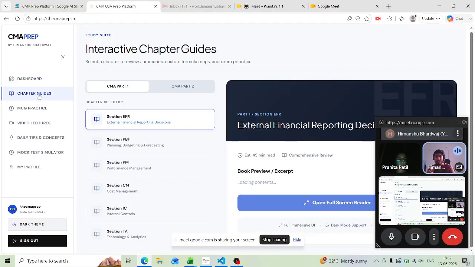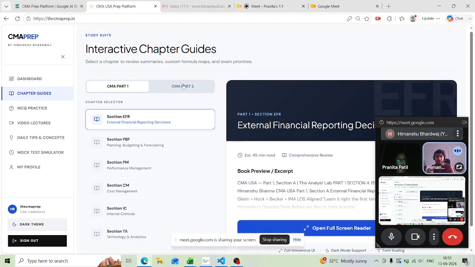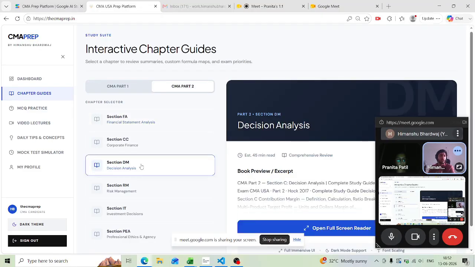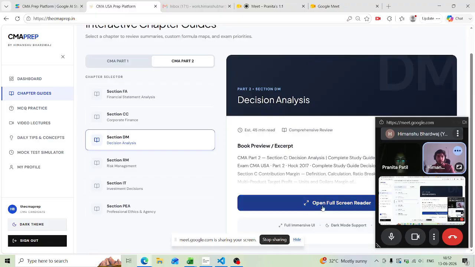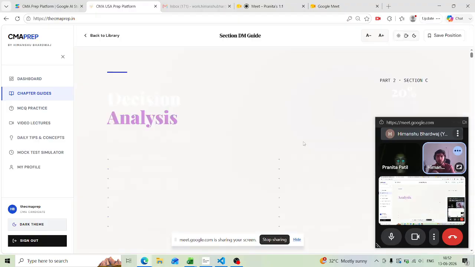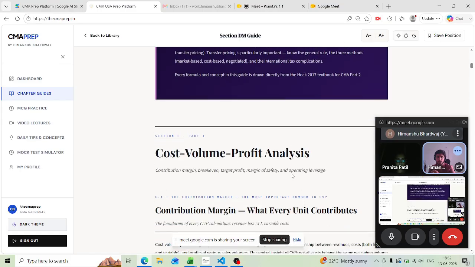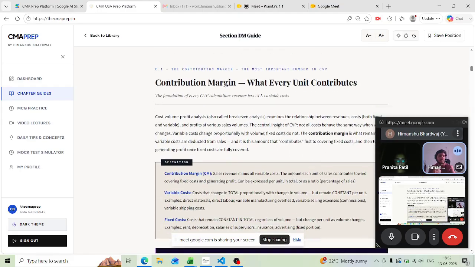Let's say I want to read CMA part 2 decision analysis. It is just an overview as of now. Let's say I want to read this particular section, and you'll have everything. It's kind of a short note. It's not an alternative for your books, but a quick revision kind of thing.